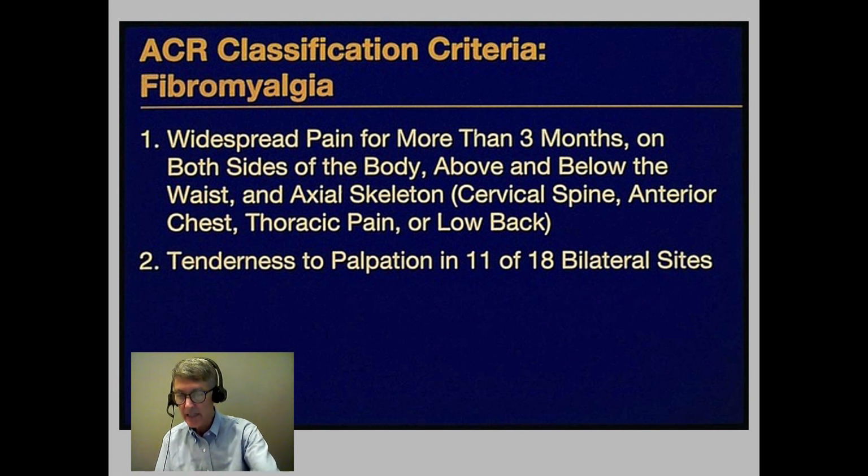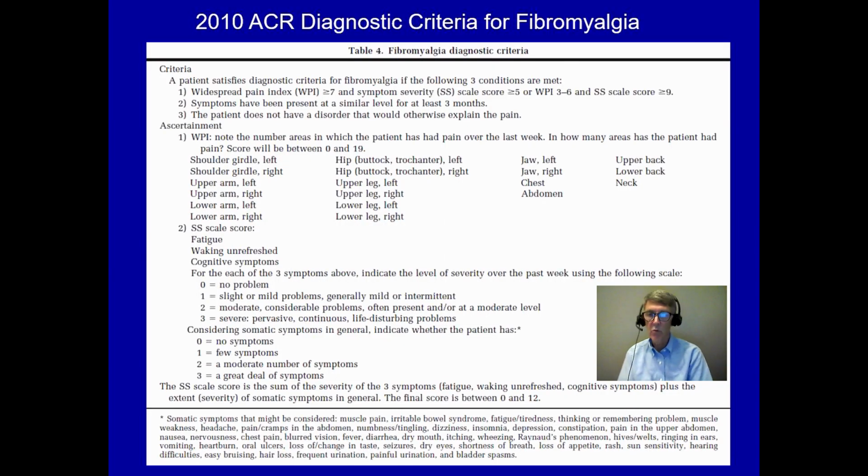Now, in 2010, the American College of Rheumatology came up with what I would consider a more complex classification criteria. But again, this is useful in agreeing that all the patients in studies have fibromyalgia. And there are some caveats or differences between this and the old criteria of 1990. Number one, there's no physical examination involved.